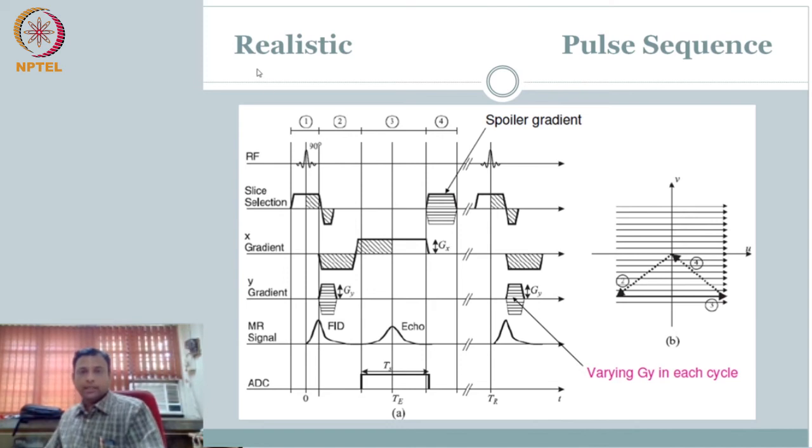So now this is a realistic sequence where we have made it clear the realism with respect to slew rate, with respect to starting times of application of the different gradients, with respect to showing the repeat time, and also showing that each time you repeat with a different gx gy value. All of this full process is vividly explained in the form of a diagram, which is the pulse sequence diagram.